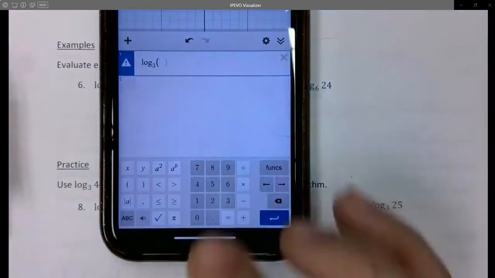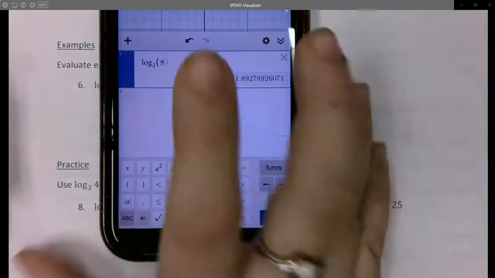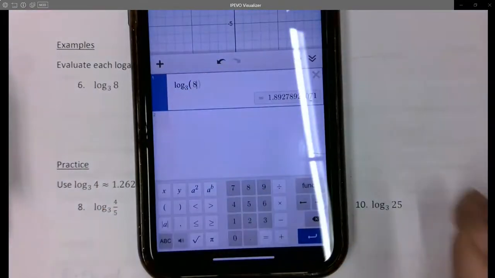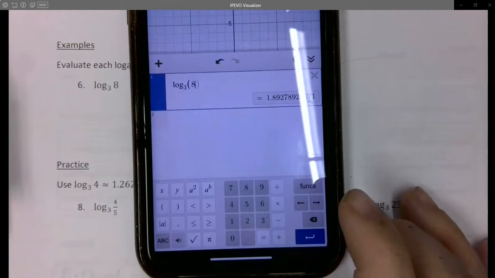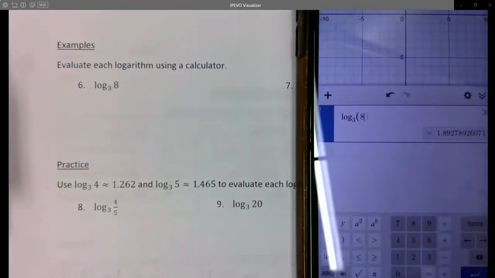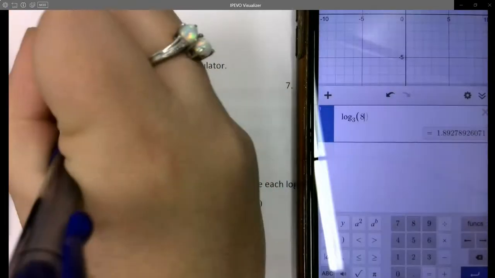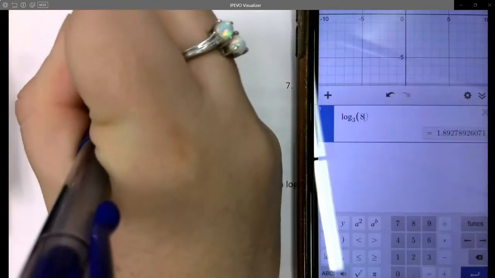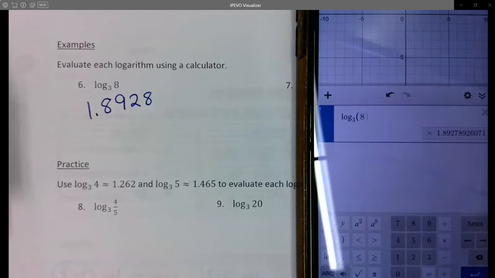And then if I go over here, I can type in 8, right? Yeah, 8. So it gives me this. How many decimal places did it want? It didn't say. Cool. I'm going to go 4 decimal places. I have 1.892, and that's going to round to an 8.